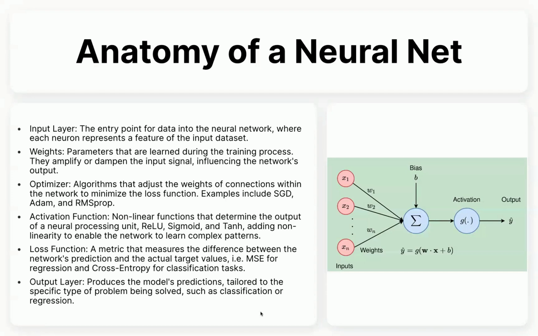Beyond that, we have the activation function. This is where the nonlinearity comes in that actually makes a neural net useful. We have nonlinear functions that determine the mapping of input to output. So we have ReLU, sigmoid, and tanh, depending on how you scale your inputs and outputs. If the outputs are between 0 and 1, you would use ReLU.